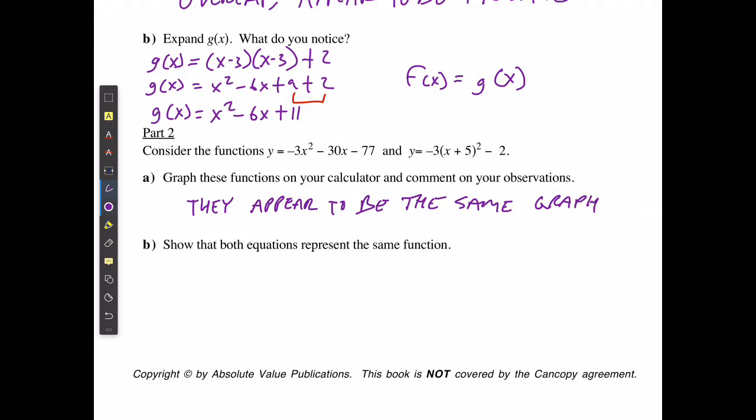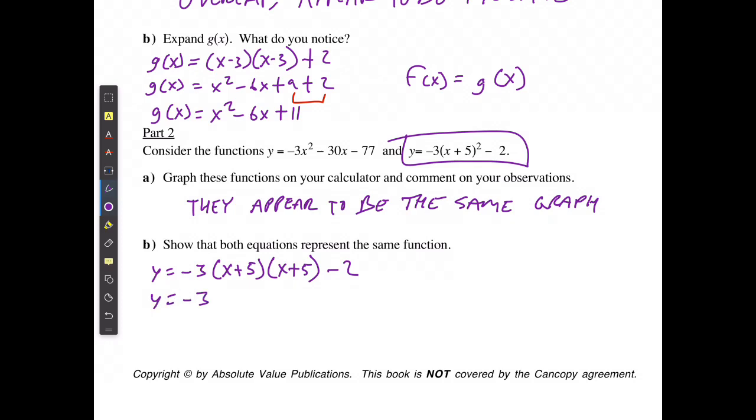When I expand out the second equation, then I can say that y is equal to negative 3 times x plus 5 squared, which is the same as x plus 5 times x plus 5, and then minus 2. When I square out the x plus 5, or FOIL it out, I get x squared plus 10x plus 25, minus 2, and then I need to multiply that by the coefficient of negative 3.